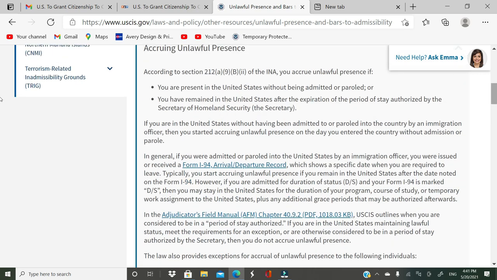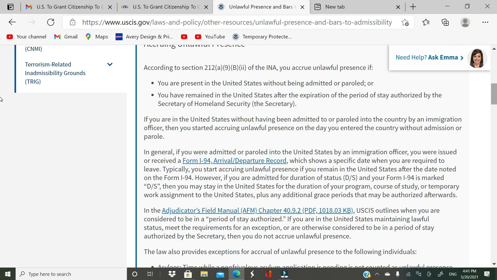So the same thing I said, if you had a visitor visa for 6 months, it simply means that you have to get out within that 6 month period of time. The moment you pass 6 months and you get out after that, then you have triggered those bars.